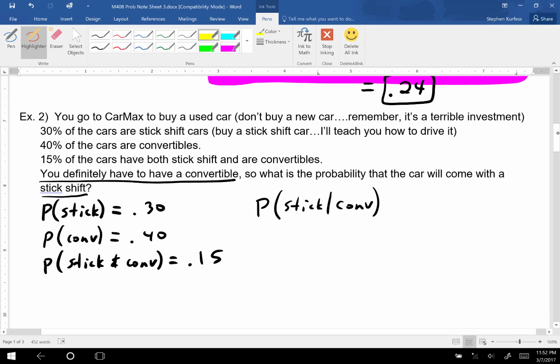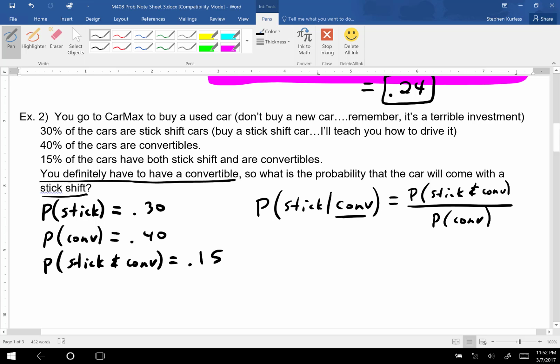Okay, so the probability of stick given a convertible is equal to the probability of stick and a convertible divided by probability of a convertible. Okay? So the probability of stick and convertible is 0.15.